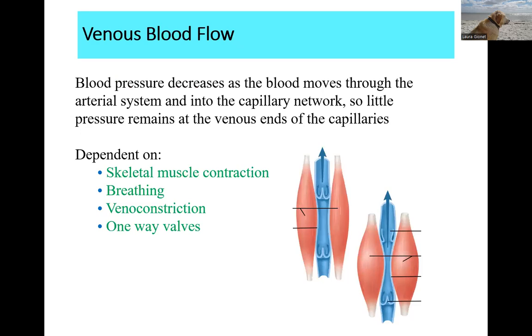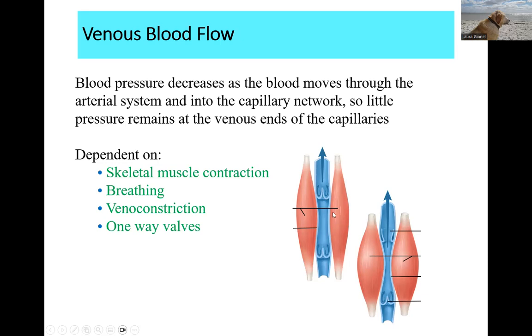Okay, venous blood flow. Blood pressure decreases as the blood moves through the arterial system into the capillary bed, as described. It decreases and is the least in the vena cava. Venous blood flow, and I'll just tell you right now, lymphatic flow is dependent on this as well, because you're moving lymphatic fluid from the legs and arms through the torso back to the subclavian veins similarly. So it depends on skeletal muscle contraction, and it shows you muscles here.